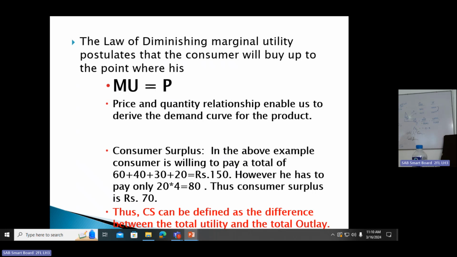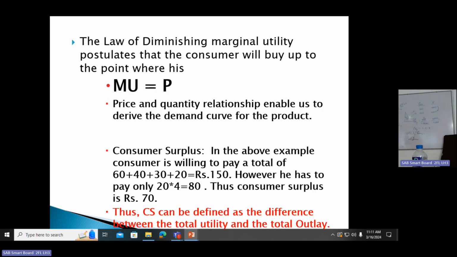For all the units up to MU equals P, if we add 60, 40, 30, until we reach MU equals P, that is what the consumer is willing to pay, because marginal utility is higher than the price. This explains the total outlay the consumer is prepared to pay, which is given as 150 rupees.